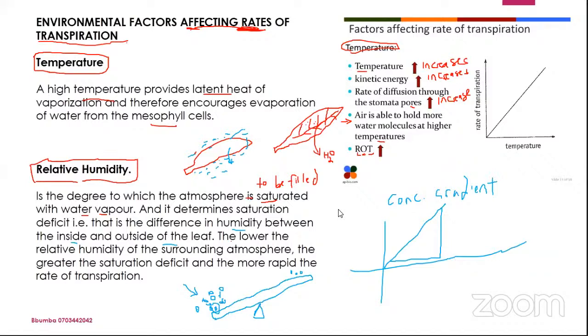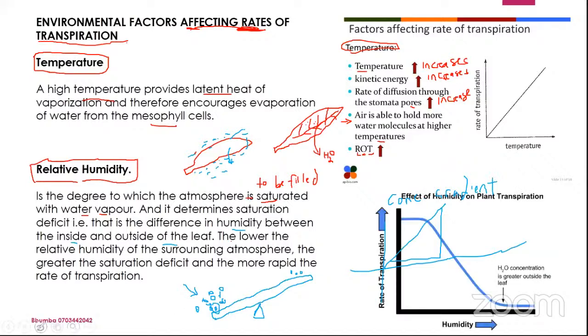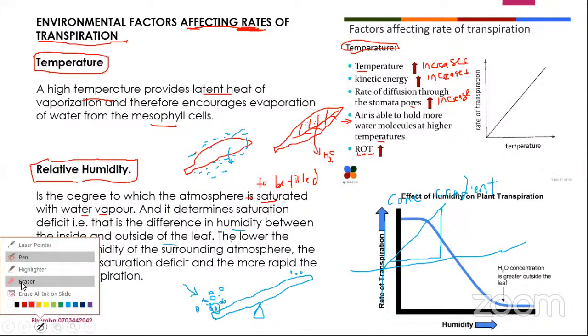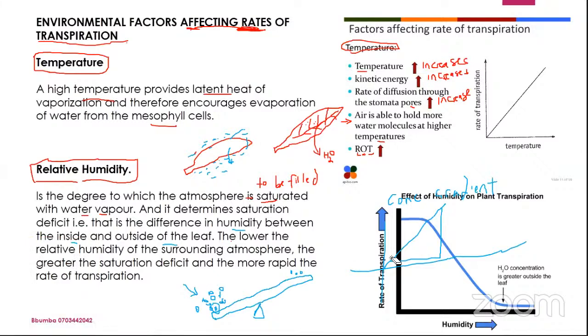Then you can see on this curve graph the effect of humidity on plant transpiration.